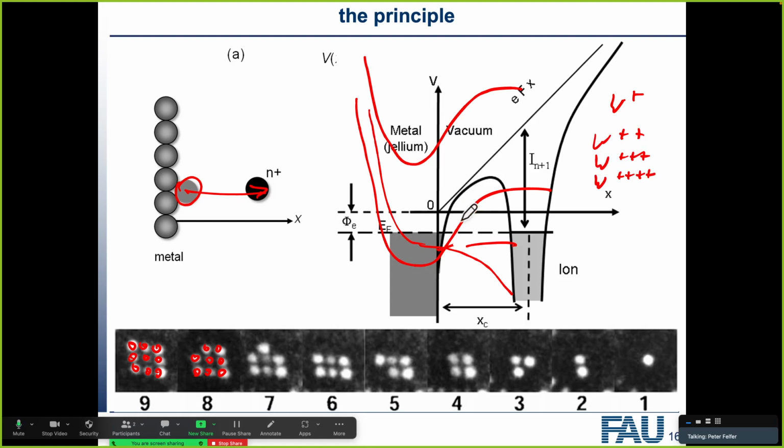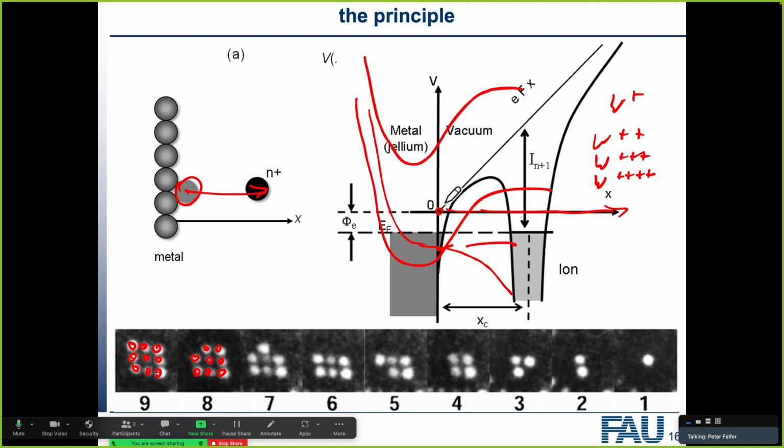And the reason is when the atom is leaving the surface, so if it's moving from here outwards, initially the electrons of the higher charged atoms can't tunnel into the solid because the Fermi level is all the way filled up.